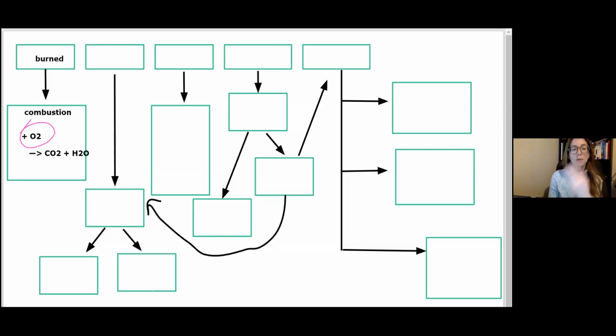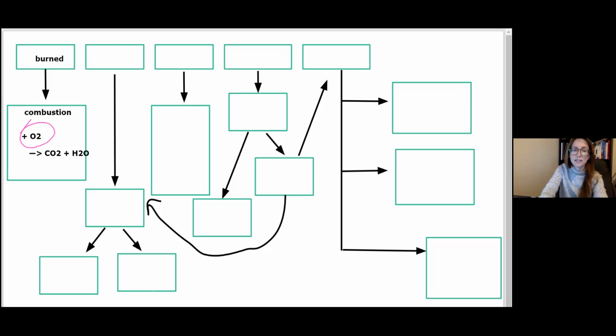Why does it always make carbon dioxide and water? If you know burning fossil fuels is bad for the environment because of the CO2 it releases, that will help you. Burning any hydrocarbon is combustion. We're going to make CO2. And then if you think about the steam that might leave from things burning, you can think about water in that case. Okay, so look for the keyword burned.